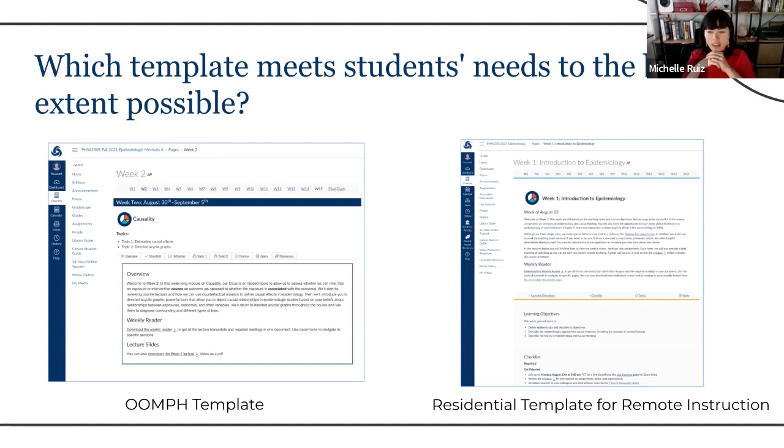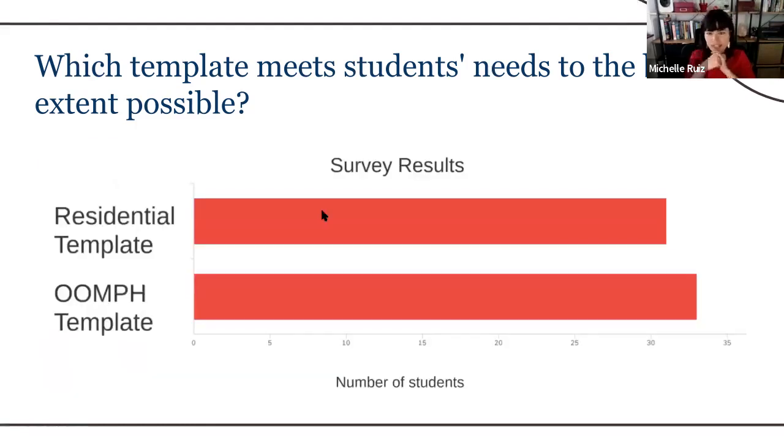And then we're just going to ask which one they prefer. And to our surprise, it was a close call. I thought it was going to be a skew toward one over the other, but it made us think, well, we need to investigate further and decide what to do next.